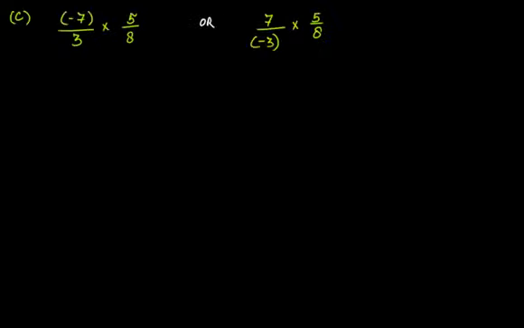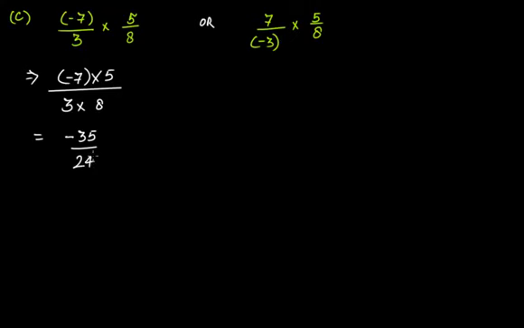Okay, now let's move to this one. Same thing here. This is minus 7 over 3 times 5 over 8. This is 7 over minus 3 times 5 over 8. Same discussion, that you don't need to remove the negative sign from the denominator. If you want to keep it, you can simply keep it. So here, if you have to multiply, then minus 7 times 5, that is the numerators together, and then 3 times 8, that is the denominators together, and you get minus 35 over 24.